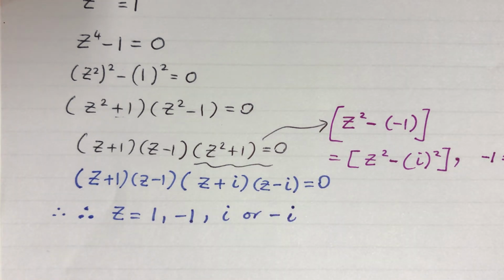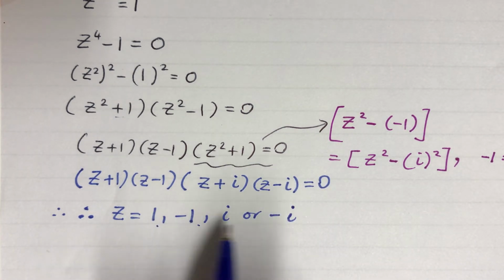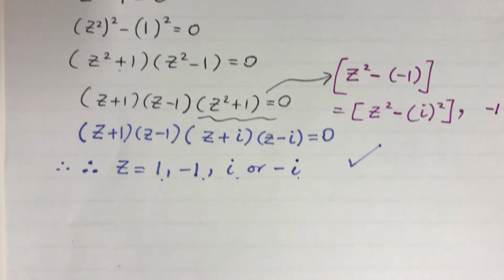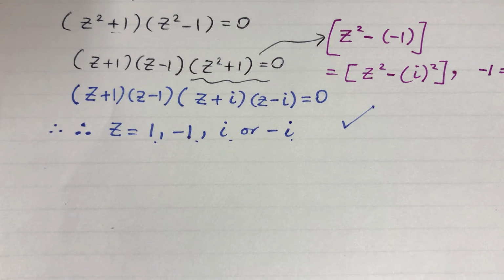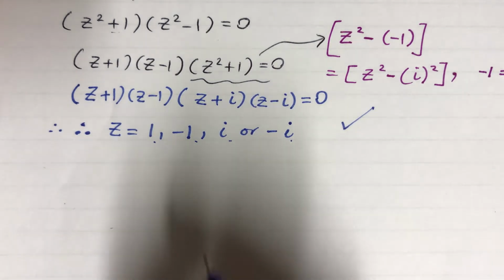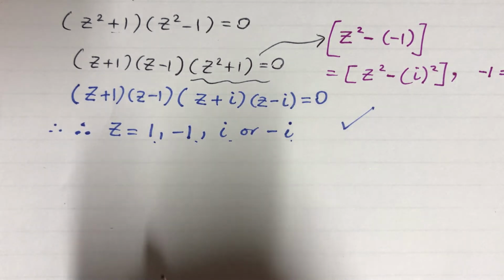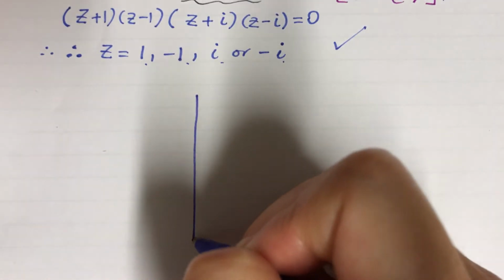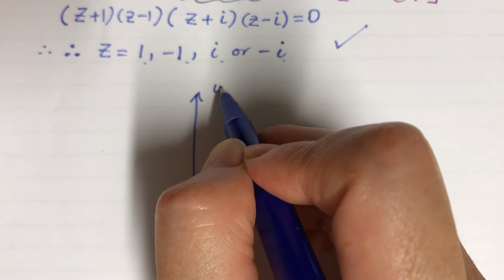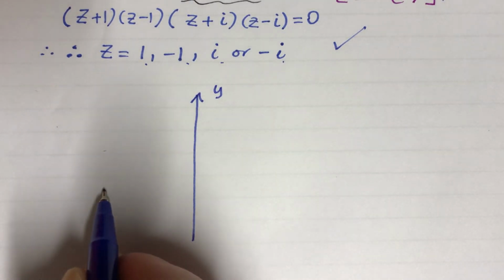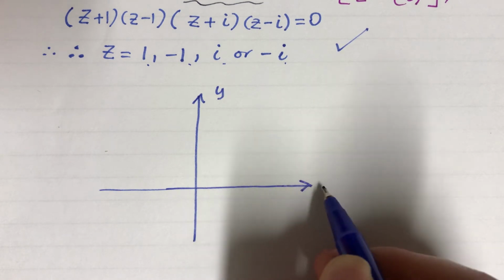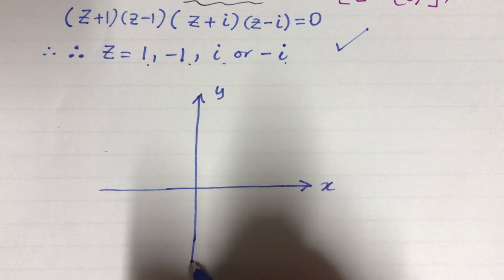Okay, now that's what we got. 4 roots, found 4 roots, tick. And then I need to show them on the complex plane. So I'm going to sketch this. Again, I'm doing a very rough sketch here, and you need to use ruler and pencil if you need to do it properly.